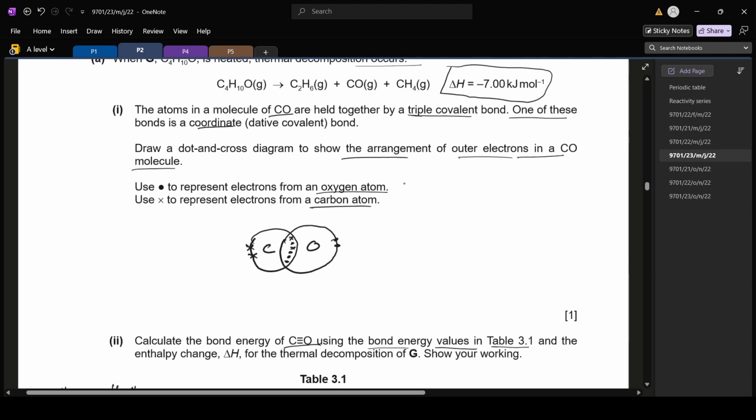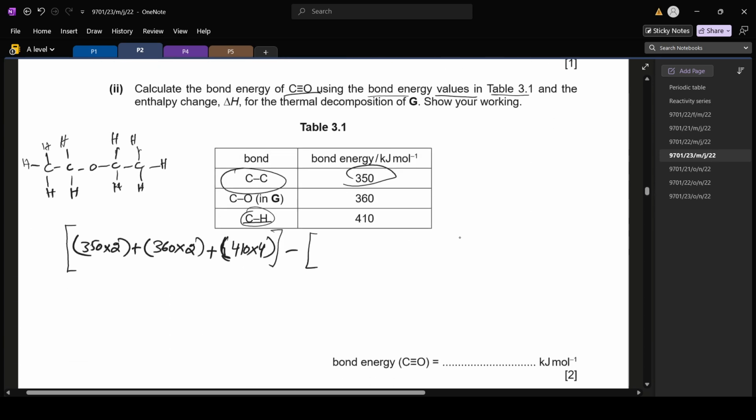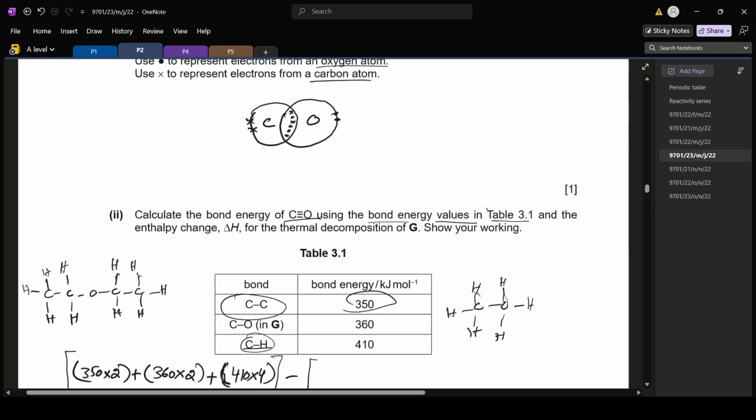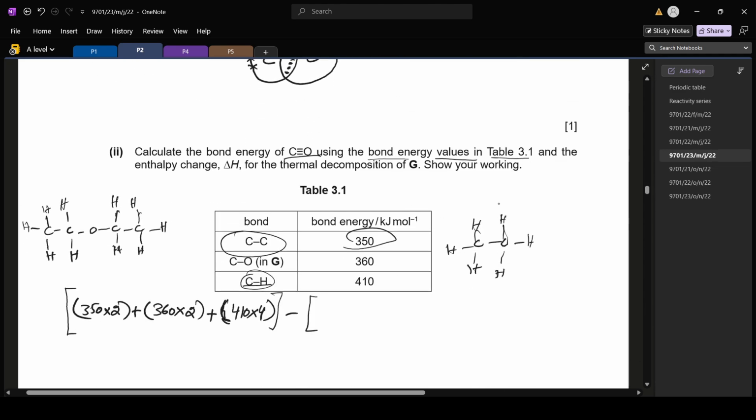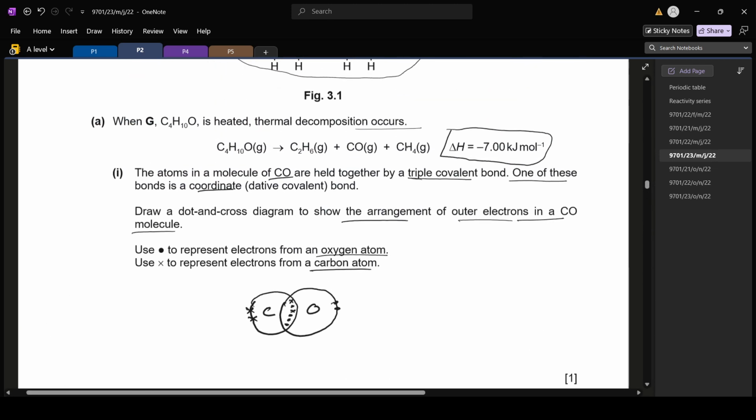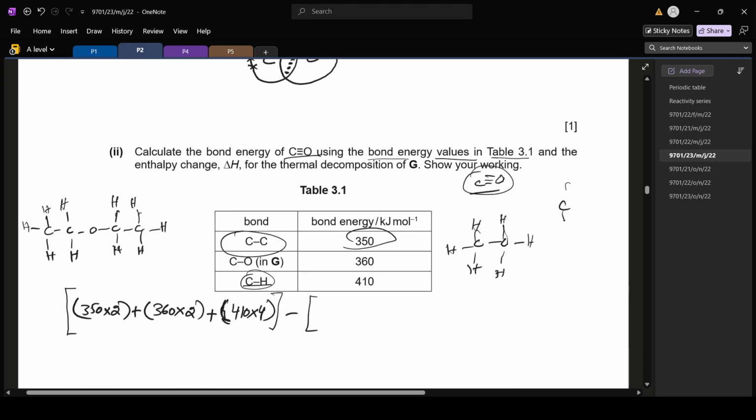On the product side we have ethane, and its structure is like this. And we have carbon monoxide, with its structure like this, and this is the bond energy which we have to calculate. Then we have methane, CH4. This is the structure of methane.